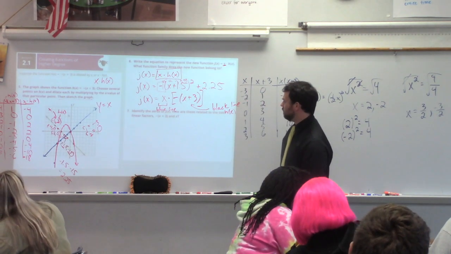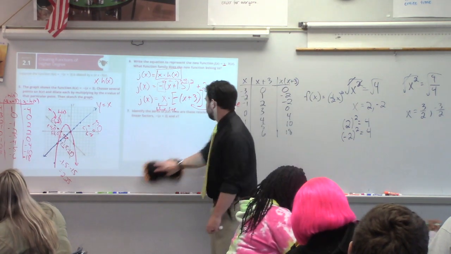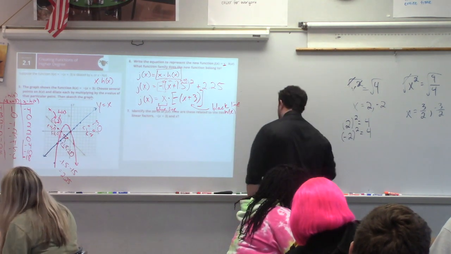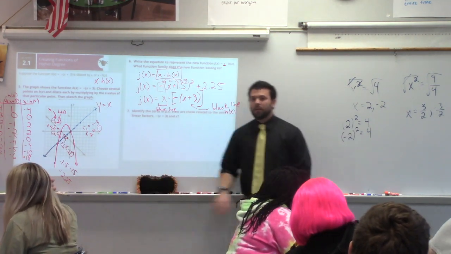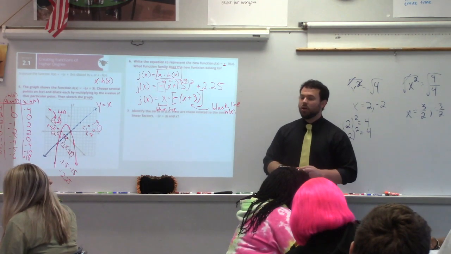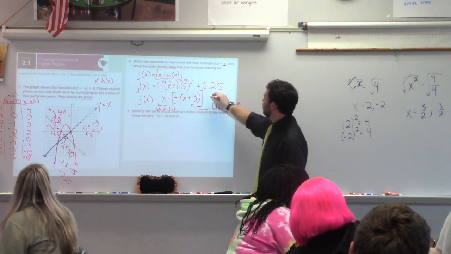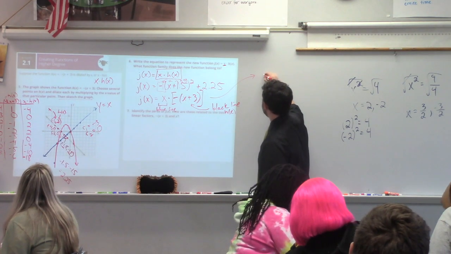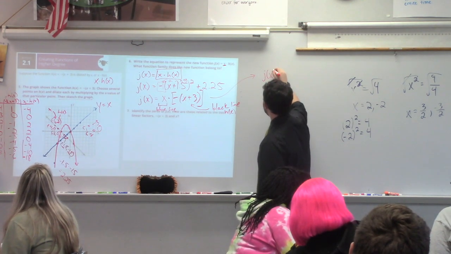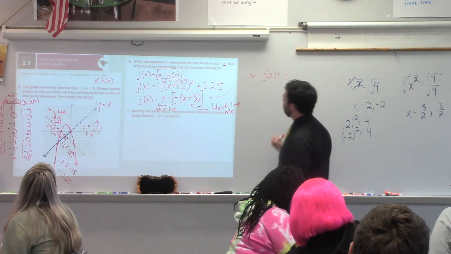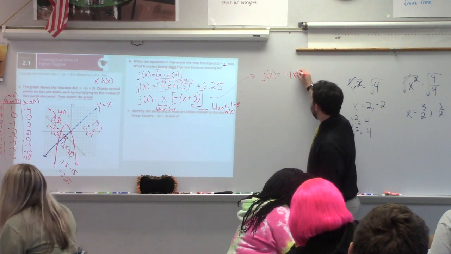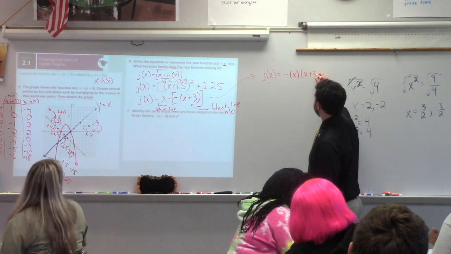That's why we distribute; it's just like order of operations. Say that one more time. I want y'all to notice what Anthony just said, and you should show this for number 6. One of the things I would have done is rewrite this with the negative out in front, then times x plus 3.